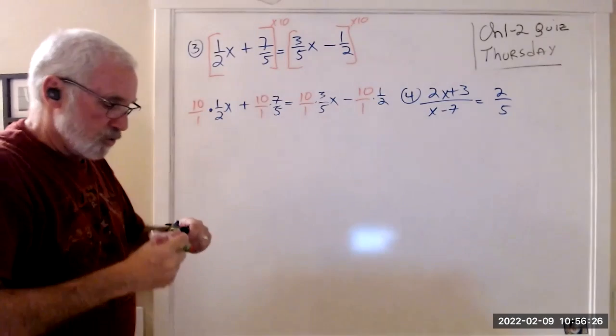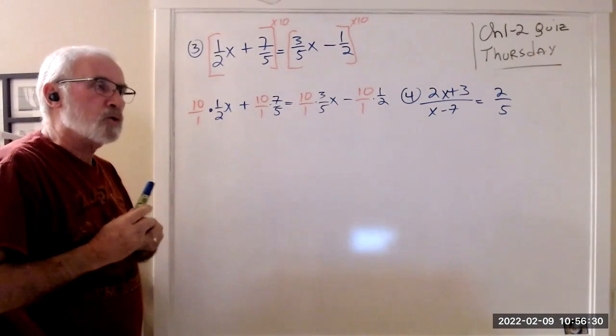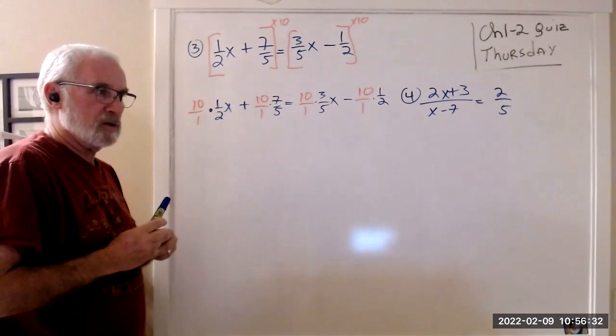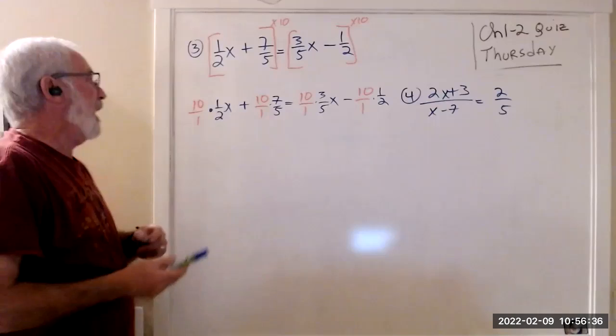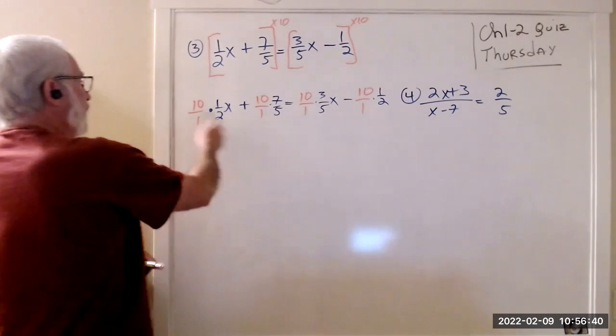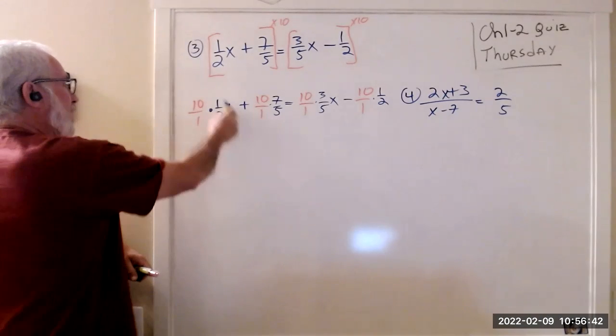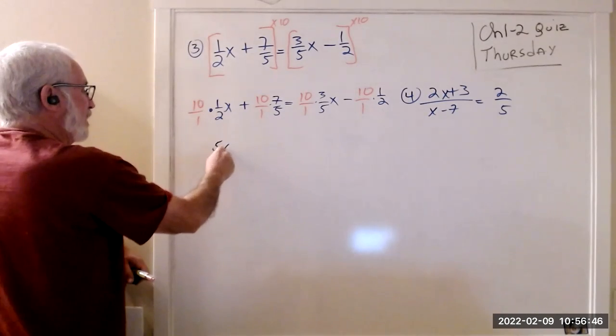Again, you don't have to show me that step, but you do have to think that step. You could do all of this on your calculator, and then the next answer, I should say, is after you go to your scratch paper and use your calculator, 10 over 1 times a half is 5x.